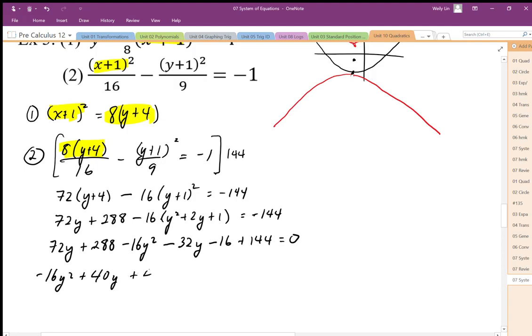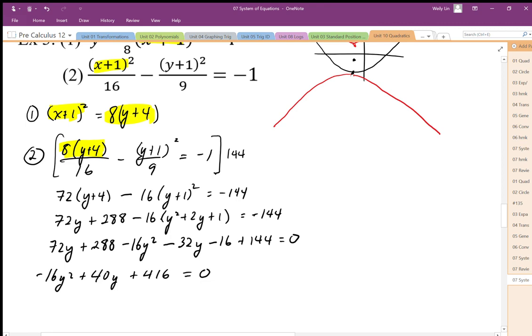Equals 0. Okay, I'm just going to get my calculator to make sure of my addition and subtraction here. I had 288 plus 144 minus 16. Okay, so 416.